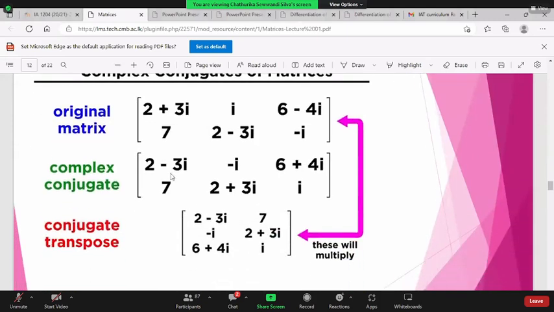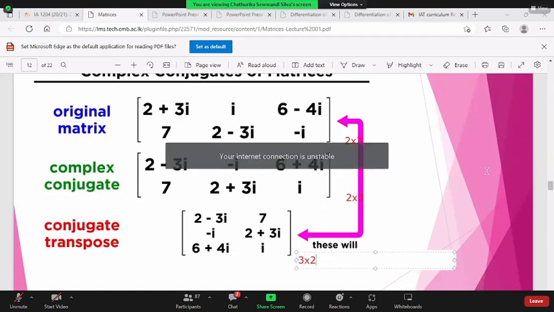But here, we have the original matrix, right? Out of the original matrix, we have constructed the complex conjugate, right? Then out of the complex conjugate, we have calculated the conjugate transpose, right? But this is 3 by 2, right?